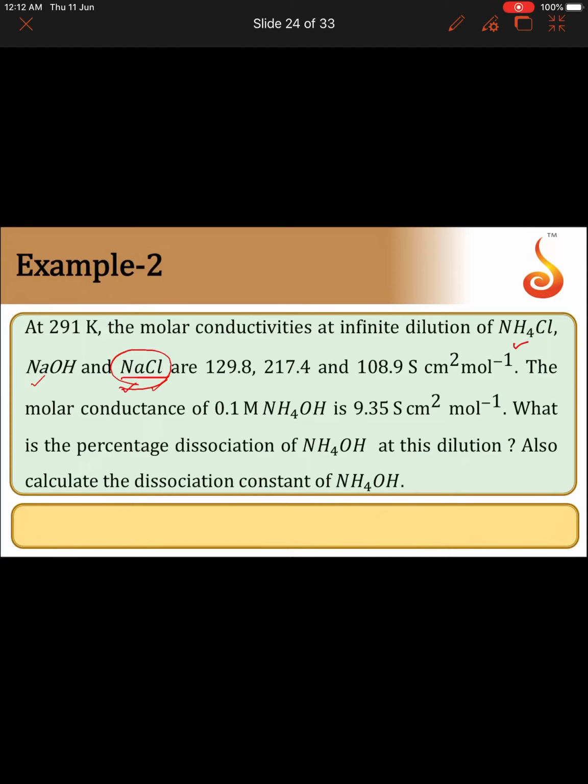What will remain? Lambda naught of NH4 plus and lambda naught of OH minus will remain. That is the reason why we have to subtract NaCl from lambda m naught value of NH4Cl and lambda m naught value of NaOH.